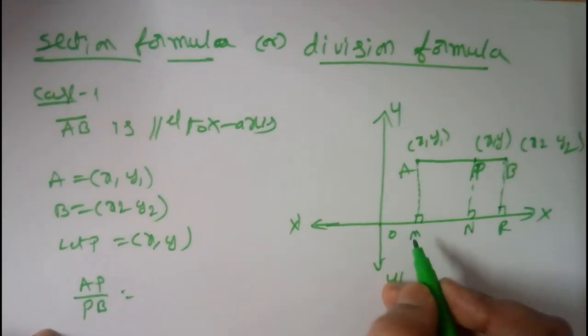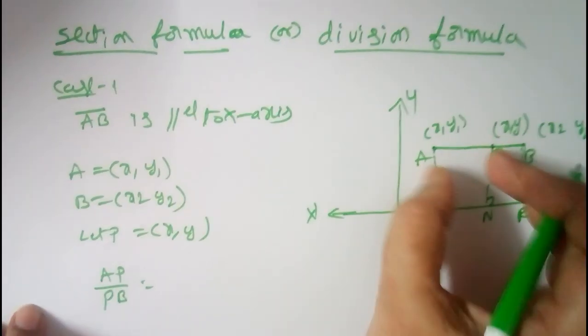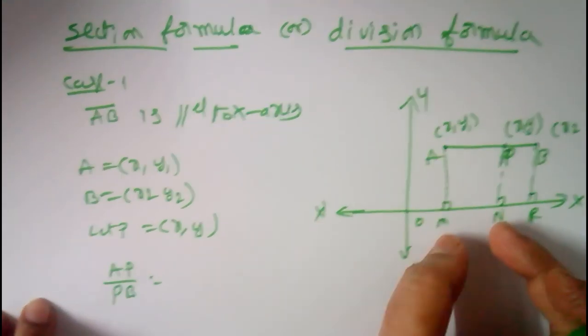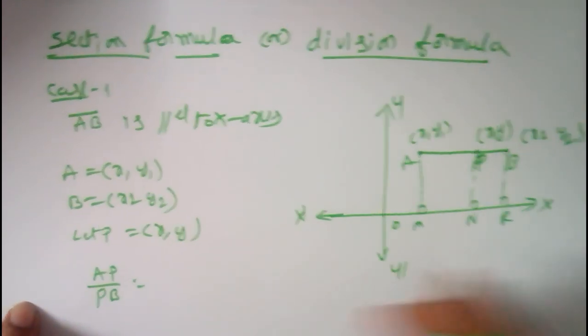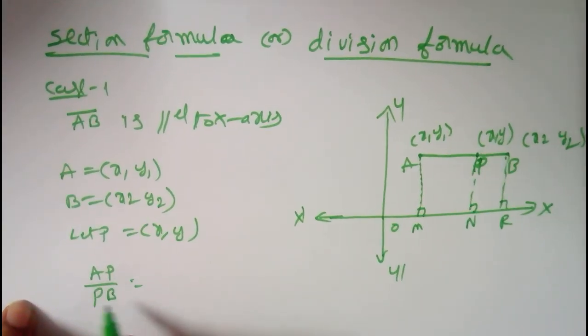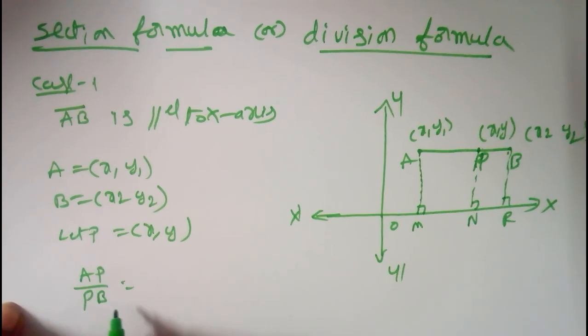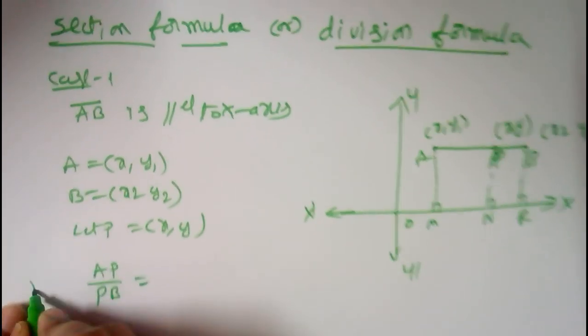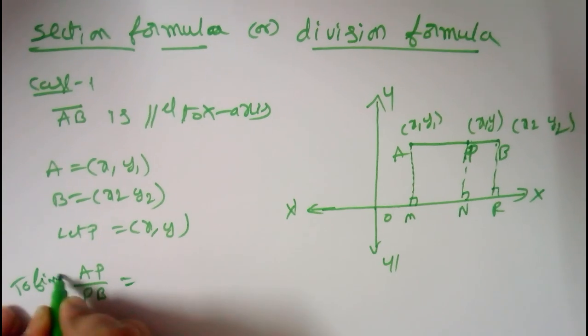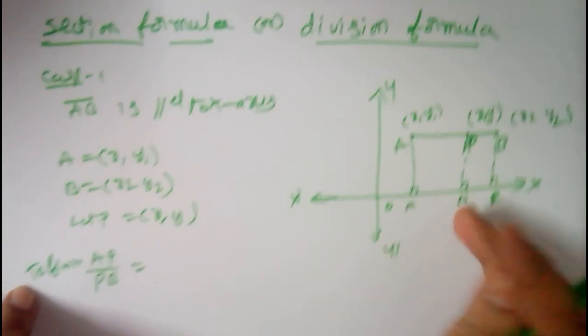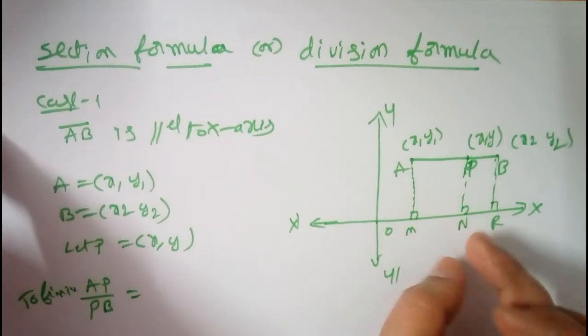Now what is the AP value? AP is equal to MN. To find AP is to PB, first you have to find the AP value. So AP is equal to MN.